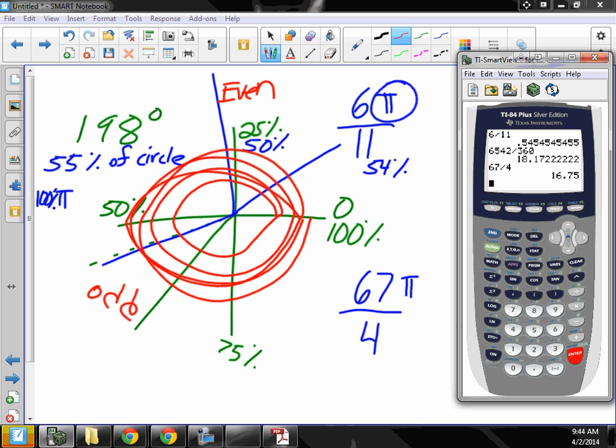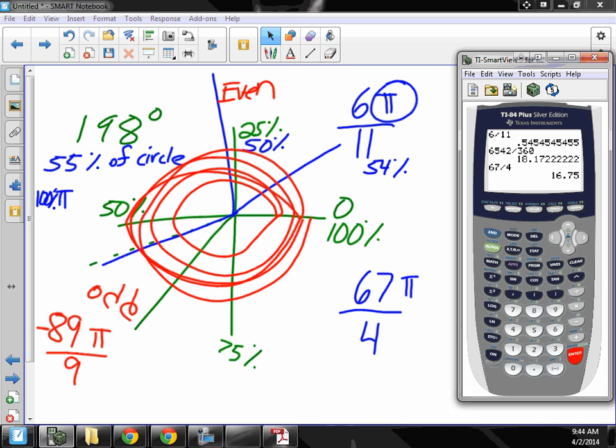Okay? Well, what if I had negative 89 pi over 9? Negative 89 divided by 9. What does that tell me? Ooh, wait a minute. Top or bottom? Right. Negative numbers are backwards. Normally, a 9 would be on the bottom because it's odd.